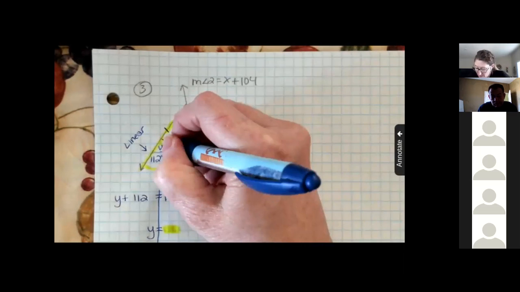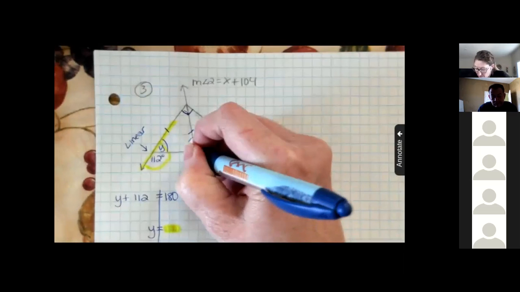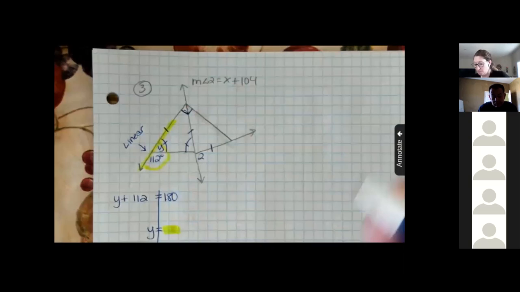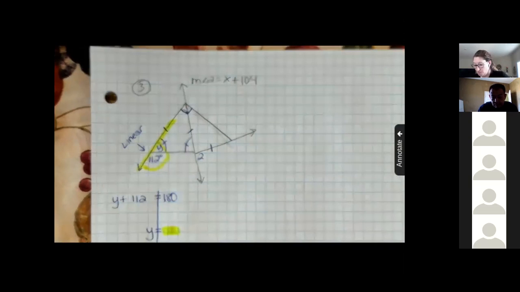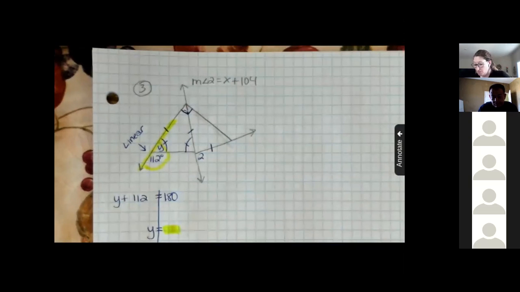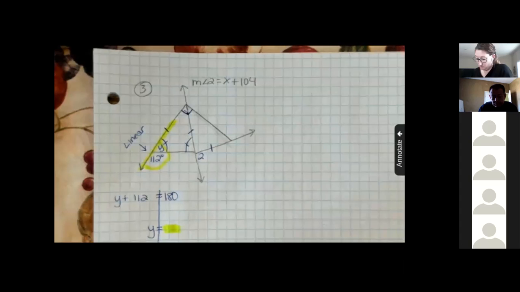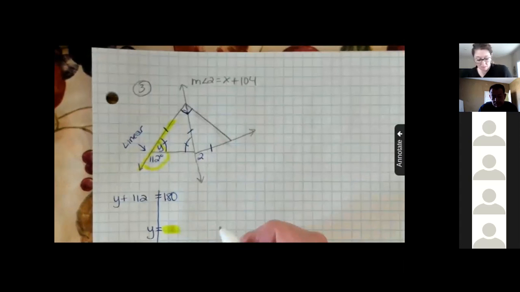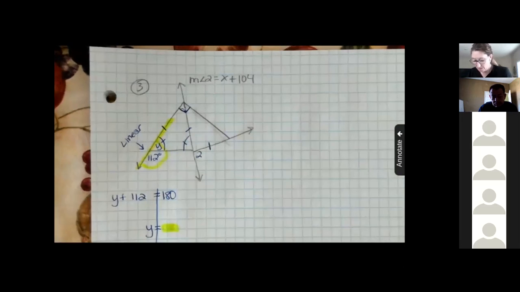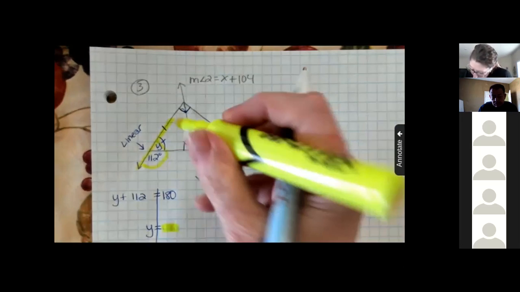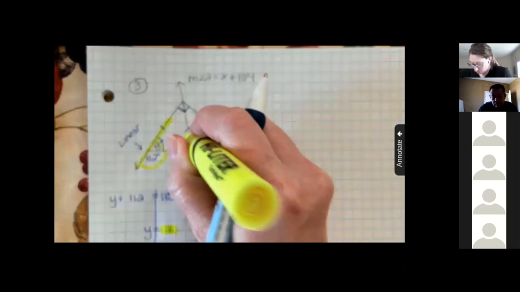That means that this angle and this angle are the same. Sometimes it gives you more information than you need, and that's okay, but in this case, it's not. Okay, so whatever y is, this is as well.